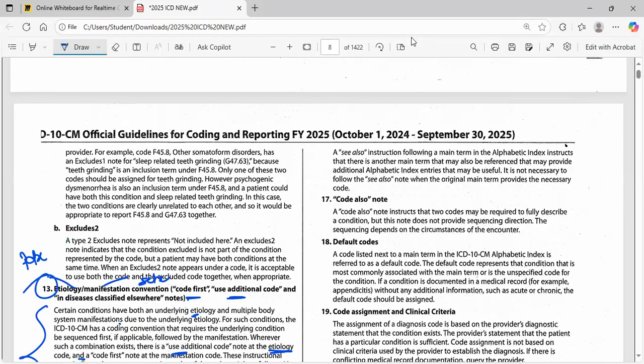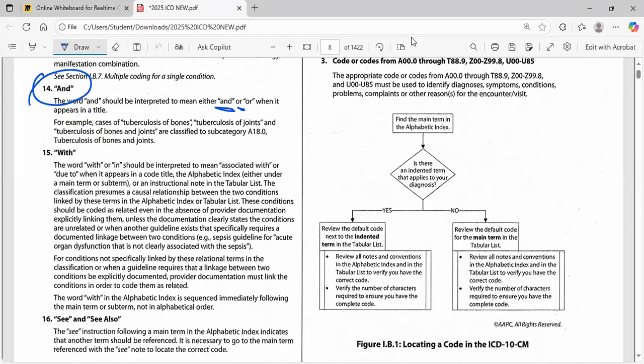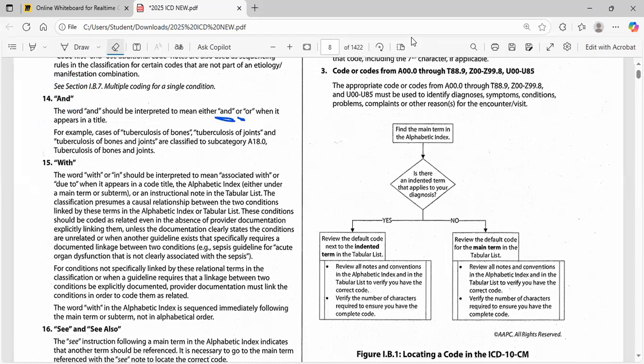I'm moving further. Let's read it once. So per the book, it is saying the word "and" should be interpreted to mean either "and" or "or" when it appears in the title.